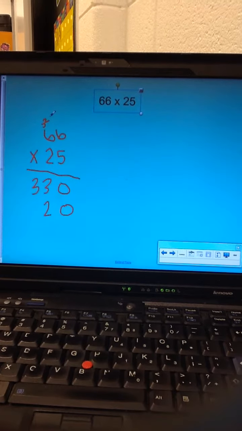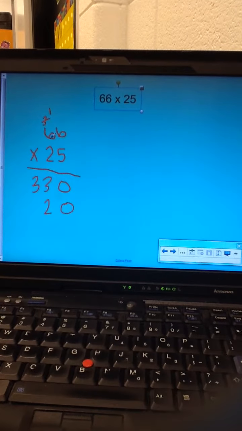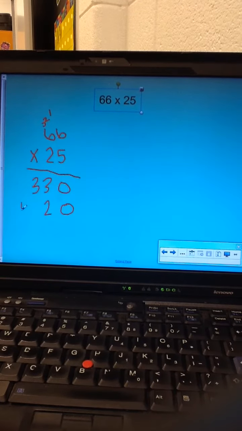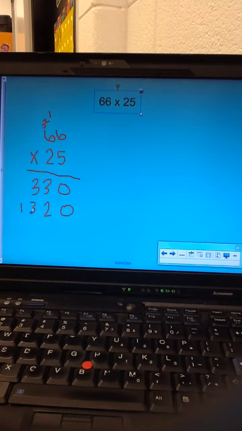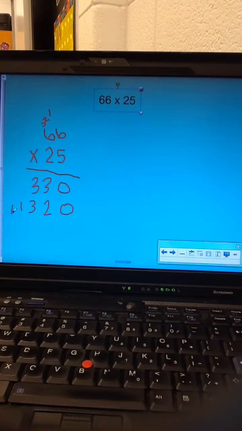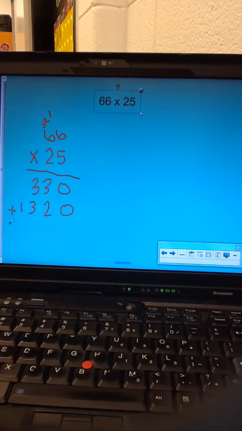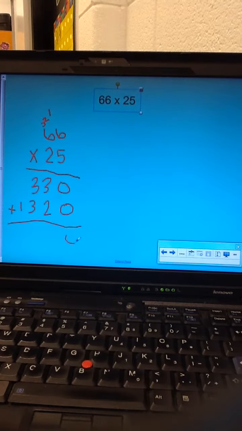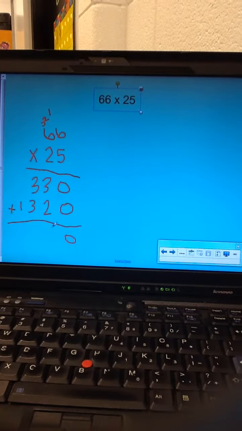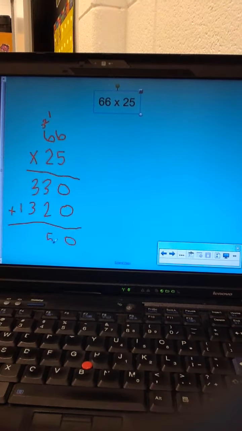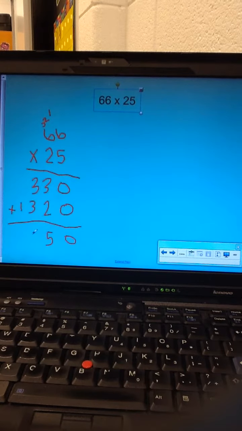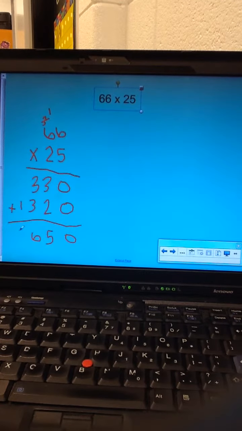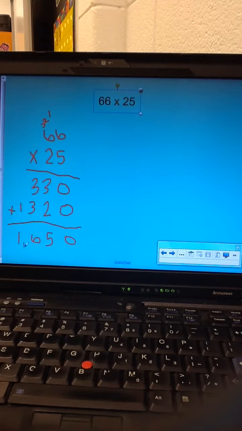Carry your 1. 2 times 6 is 12, plus 1 is 13. Then you add them together. And you get 0 plus 0 is 0. 3 plus 2 is 5. 3 plus 3 is 6. And 1 plus nothing is 1.